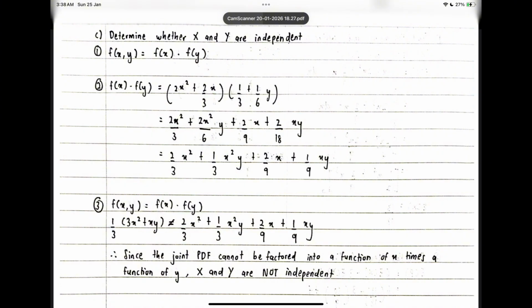As we can see, the product results in terms like x squared y and xy, but f(x,y) is 1/3 (3x squared plus xy). So we can see it is not the same answer. Since the joint PDF cannot be factored into a function of x times a function of y, x and y are not independent.